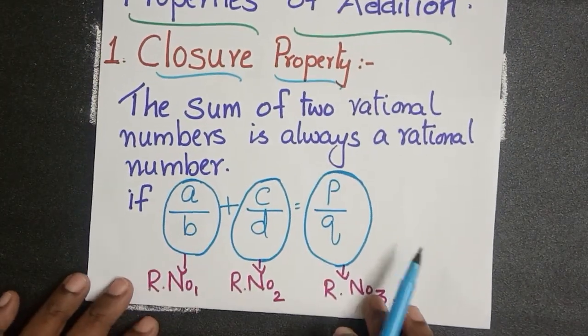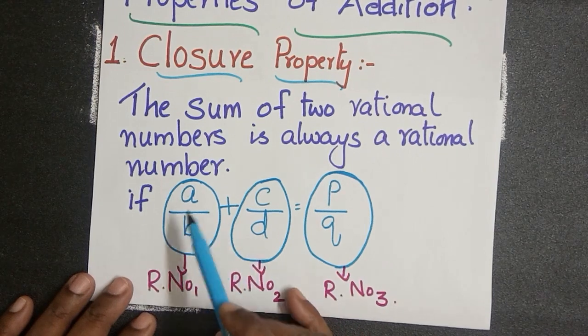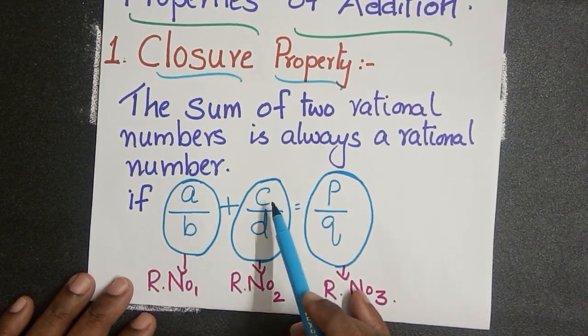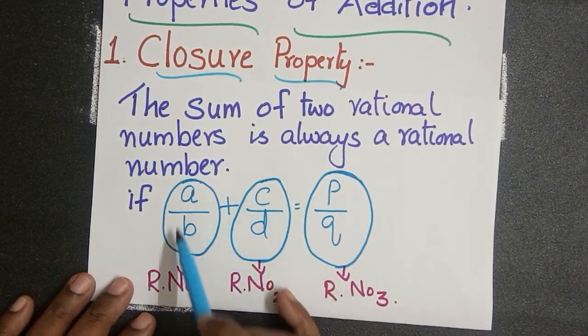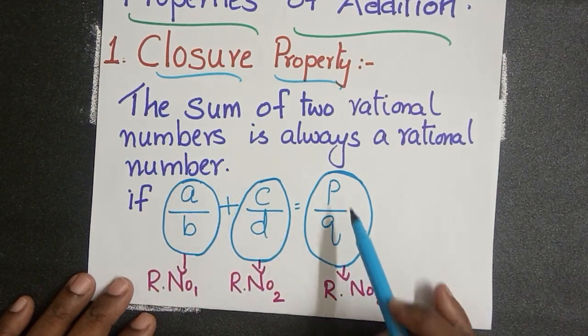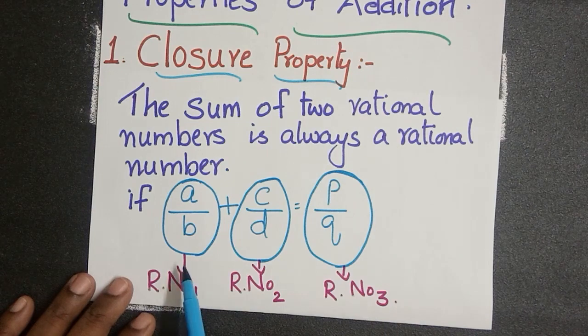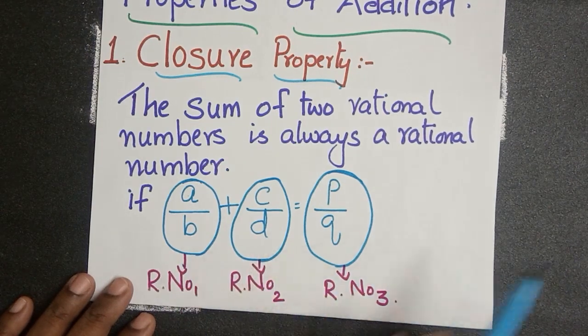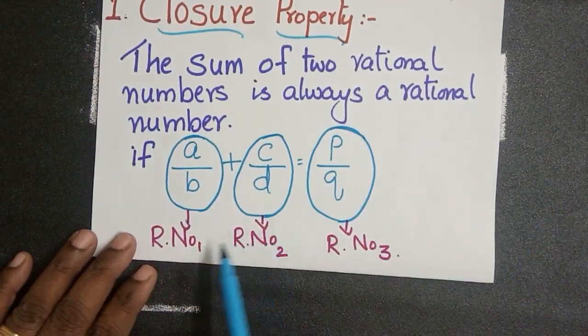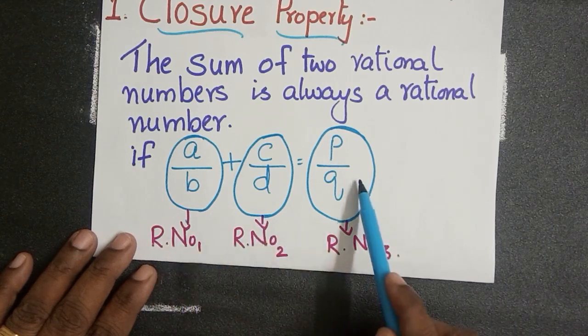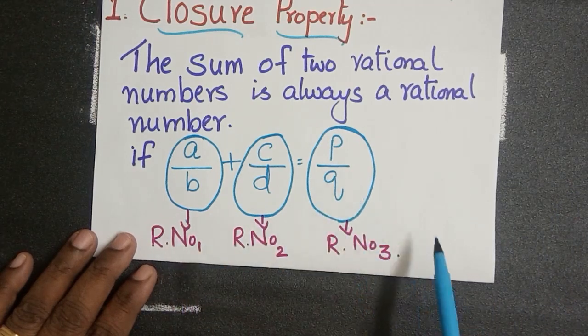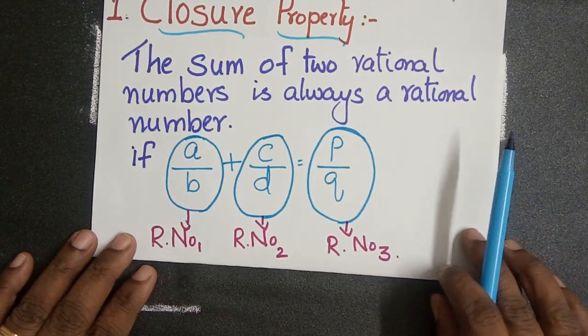For example, if you take two rational numbers a upon b and c upon d, and when you add them you get an answer p by q, this closure property says that if these two numbers are rational numbers, then their sum p by q also will be a rational number.